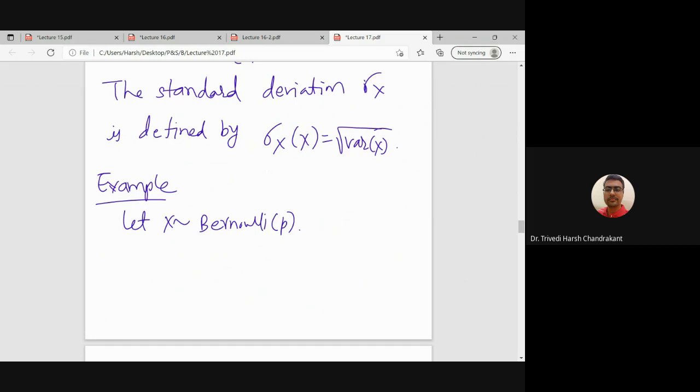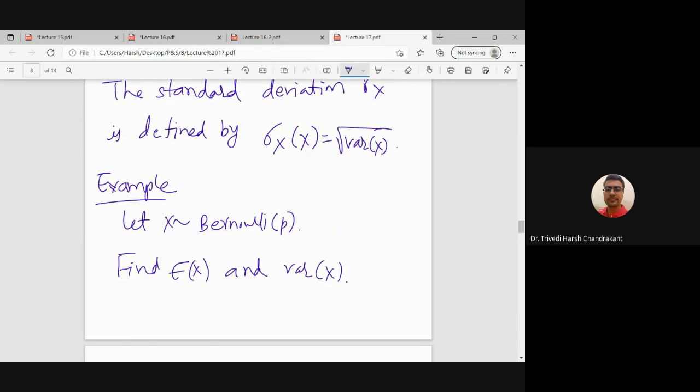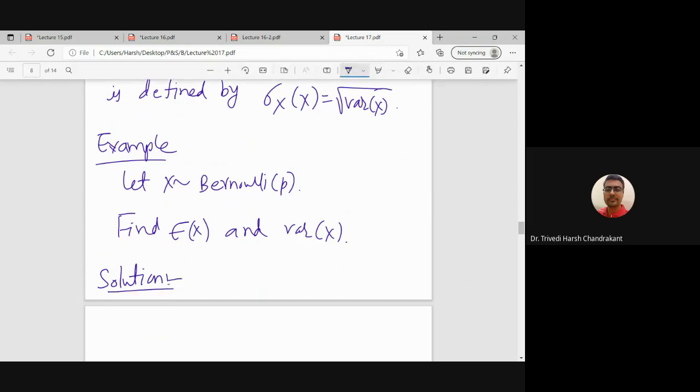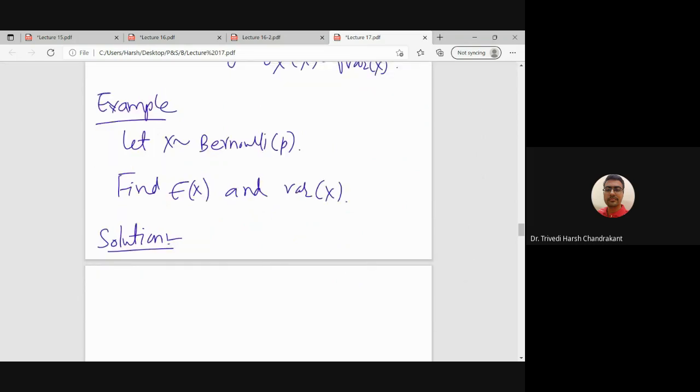In this case, our question is to find the expectation and variance of x. Bernoulli trials means we have two outcomes, 0 and 1.